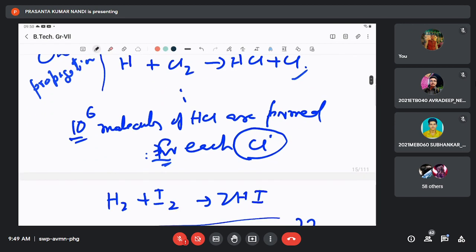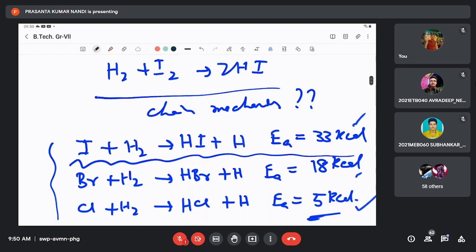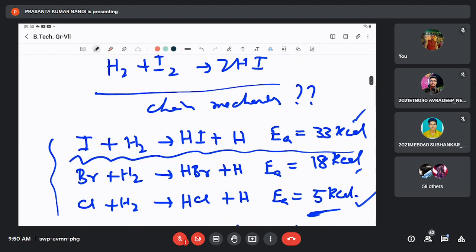Now the next question: hydrogen and iodine, why does it not follow the chain reaction mechanism? For that, I think probably you know the answer. If you compare the crucial step, that is the second step, how the hydrogen halides are produced, right? This is the second step.